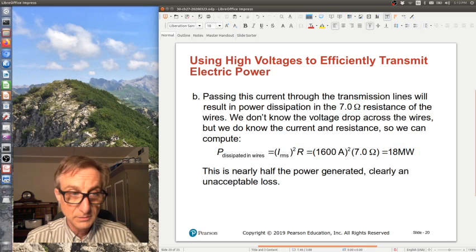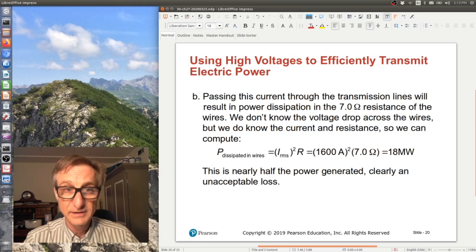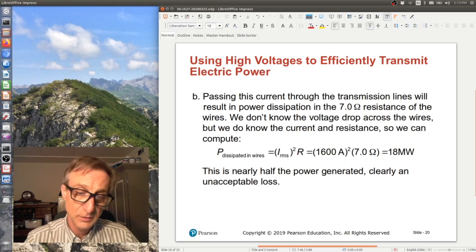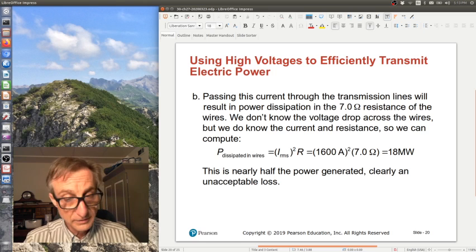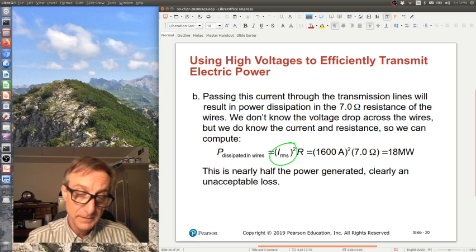So in order to transport 40 megawatts over a distance of 50 kilometers, it seems unwise to use a voltage of 25,000 volts. It's not high enough because it doesn't lower the current enough. The lower the current, the lower the dissipated power. And in fact, we gain because the power dissipated goes as I squared.